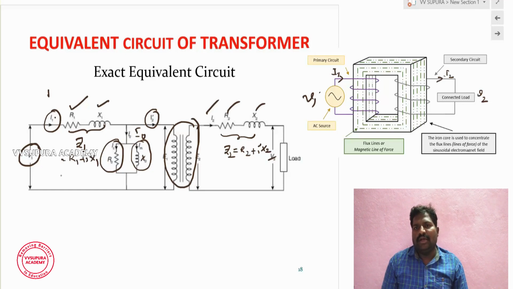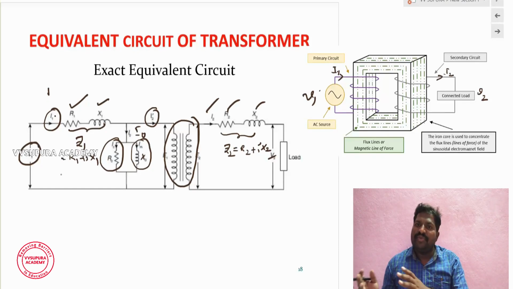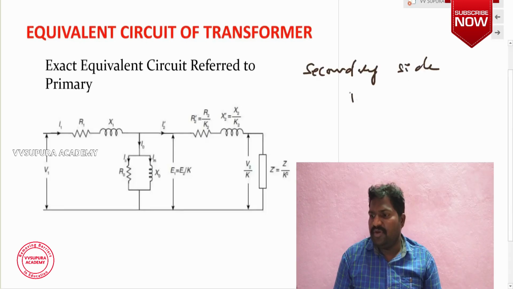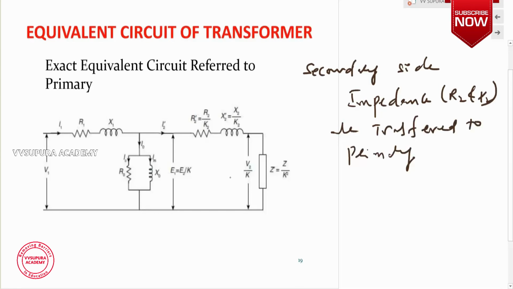Further, we can reduce this equivalent circuit, or we can transfer the impedance from the primary side to the secondary side, or from the secondary side to the primary side. So this is the diagram of the exact equivalent circuit referred to the primary. The secondary side impedance, that is R2 and X2, is transferred to the primary. When secondary quantities are transferred to the primary side, we have to multiply by 1 by k square.